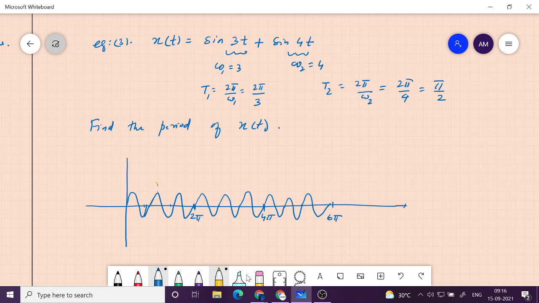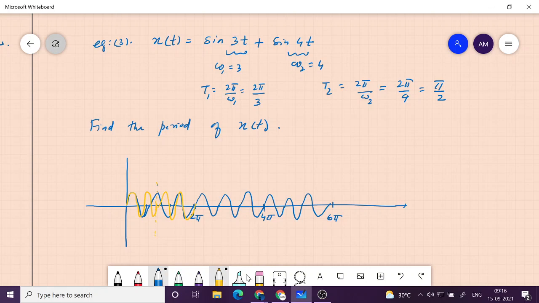Let me use a different color for this. In 2 pi, I have 4 cycles.